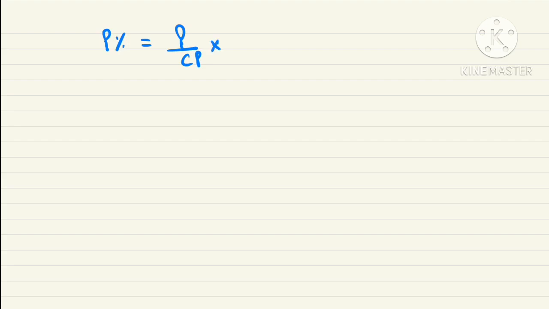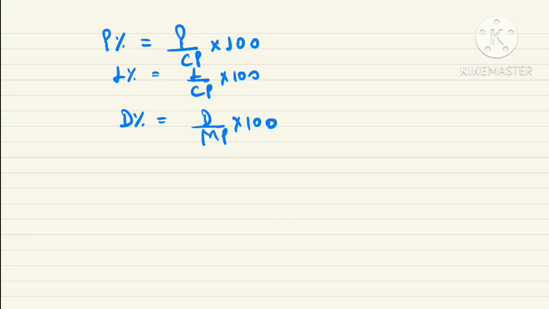If you want to know the loss percent, loss percent is loss upon cost price into 100. And discount percent is discount upon mark price into 100, because discount is always calculated on mark price, right?